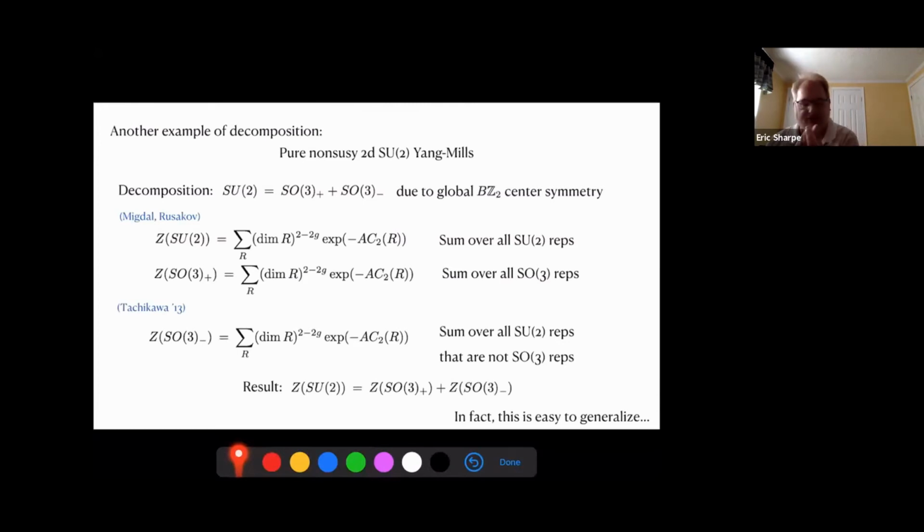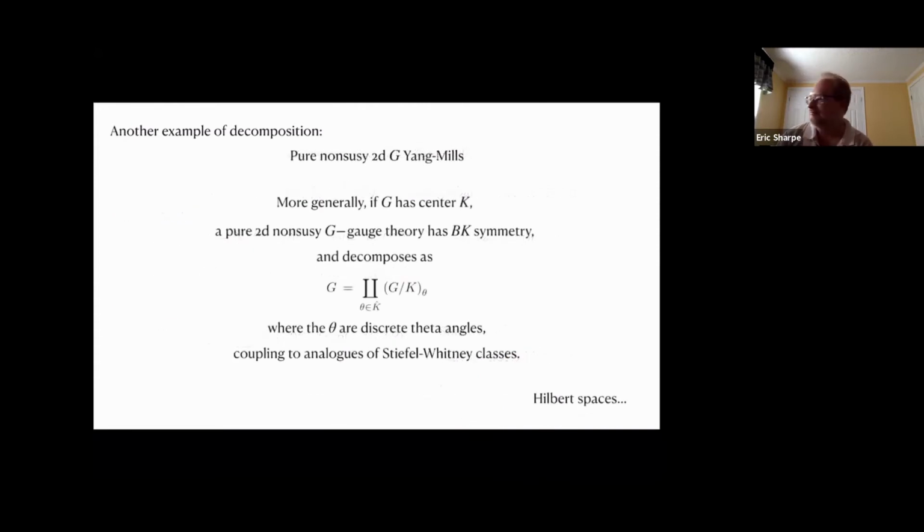So the effect of turning on the discrete theta angle is to sum over representations of the covering space group with the right duality. So the result is that the partition function obviously decomposes. A sum over SU2 reps is the same as a sum over SO3 reps plus a sum over the remaining SU2 reps. And in fact, this is easy to generalize.